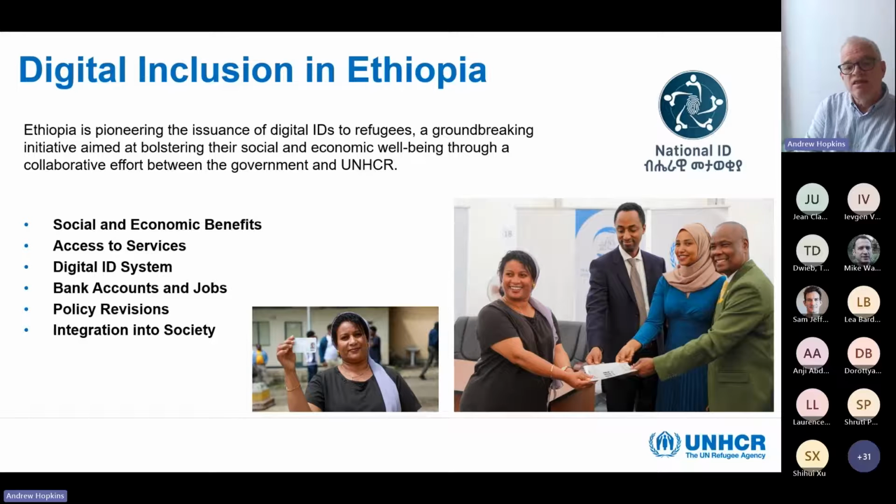So what happens? They come forward, they ask for the ID card, and only then is the data triggered to move over from the refugee government department to the National ID Authority. So here we have the refugee really at the center of the process, making sure that when cards are issued for them, they're actually asking for them.